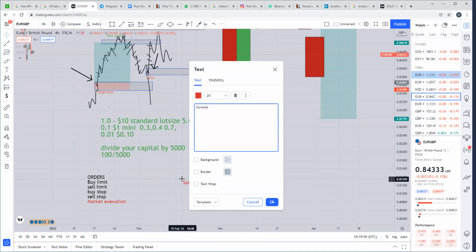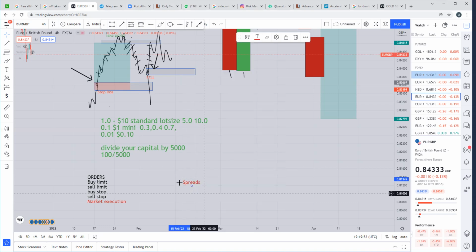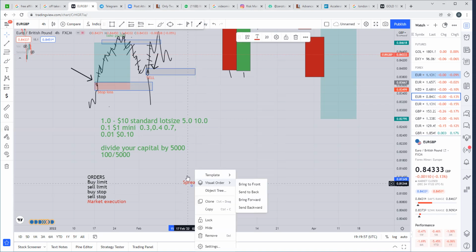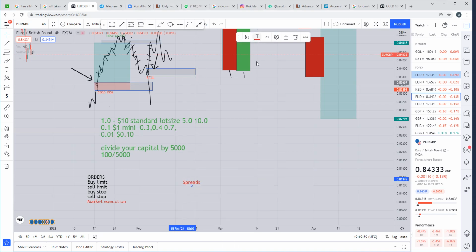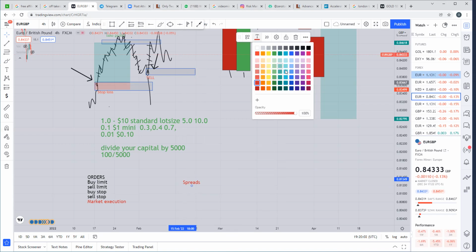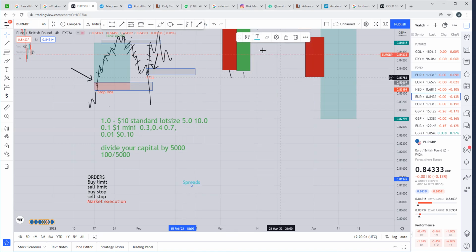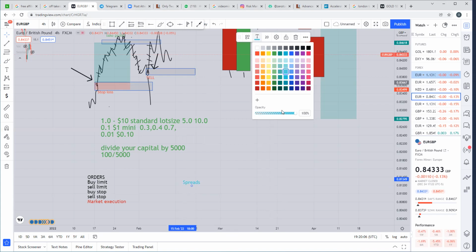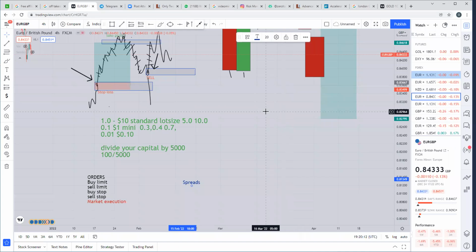Spread is the difference in price that your broker is willing to give you.